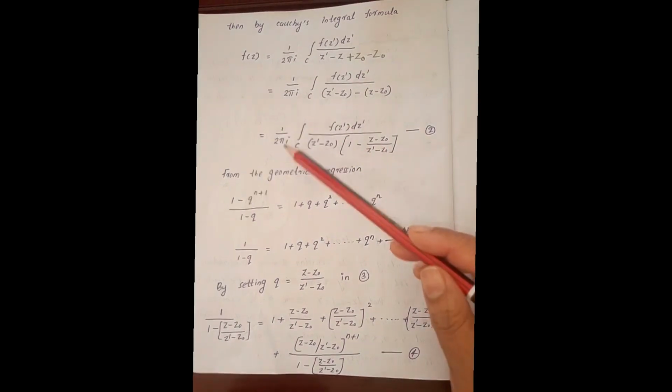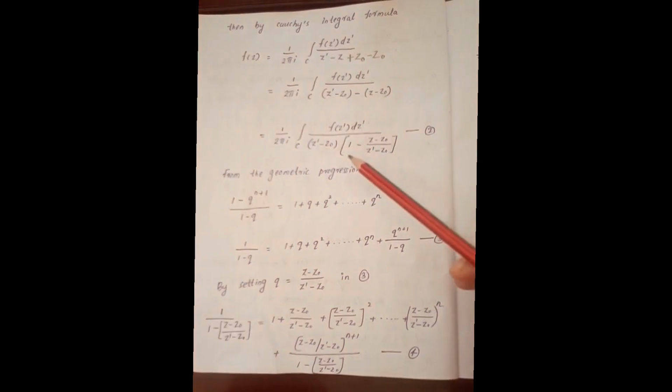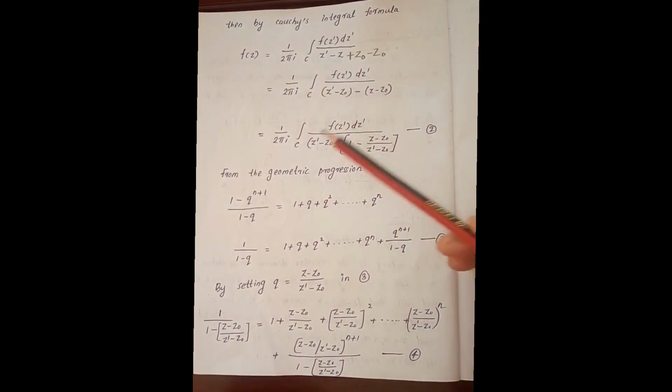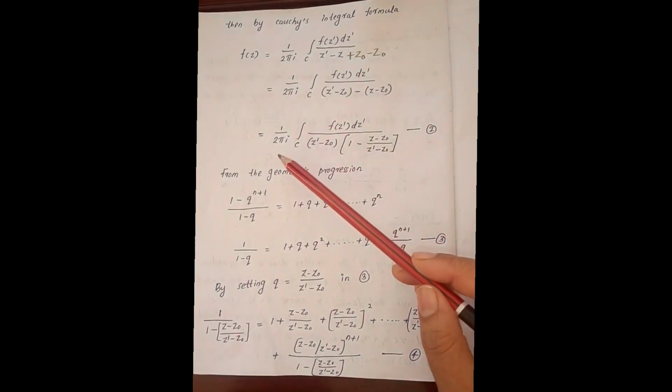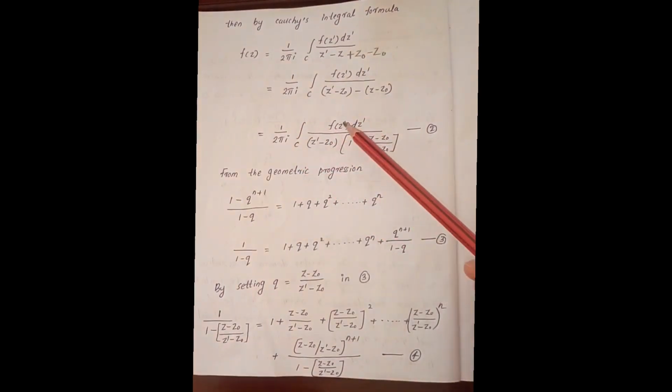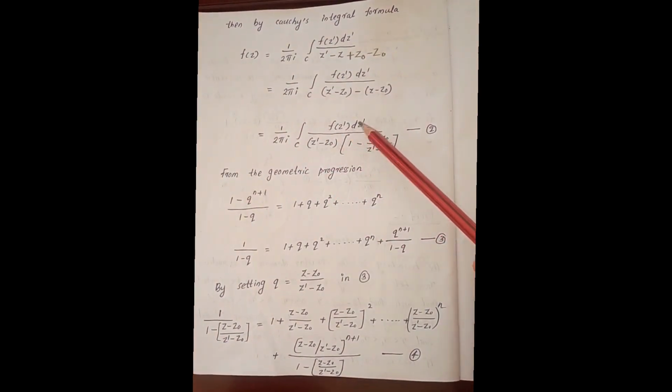Then taking this z - z0 outside, we will get 1/2πi ∫C f(z')dz'/(z' - z0) into 1 minus (z - z0)/(z' - z0), all in the denominator.